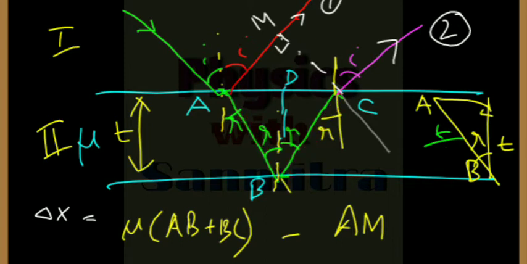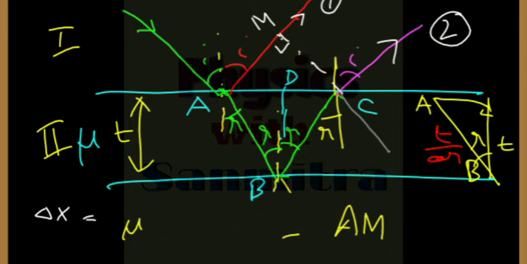So in mu into AB plus BC, since AB equals BC, I can replace AB plus BC by 2 into t by cos r.